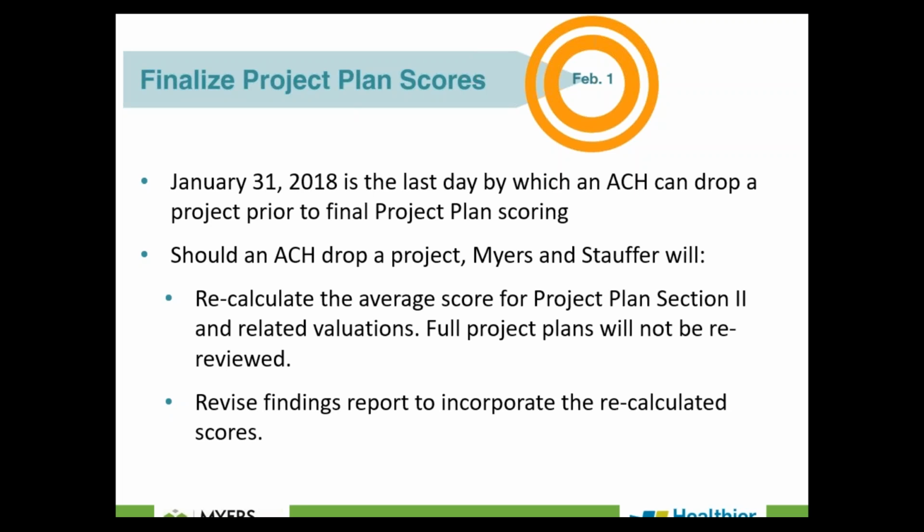Should an ACH decide to drop a project, the process that we will use is to recalculate the average score for project plan section 2 and the related valuations. We will not be re-reviewing the full project plan, and we would finalize the findings report to incorporate the recalculated scores.